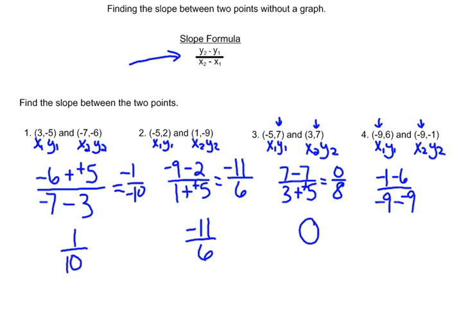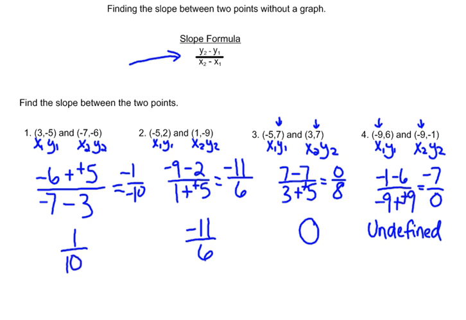Now on the bottom, minus negative turns into plus a positive, and we get negative 7 on top over 0. Now, anytime that you have 0 in the denominator, you're actually not allowed to have a 0 in the denominator. And so this one right here is called undefined.